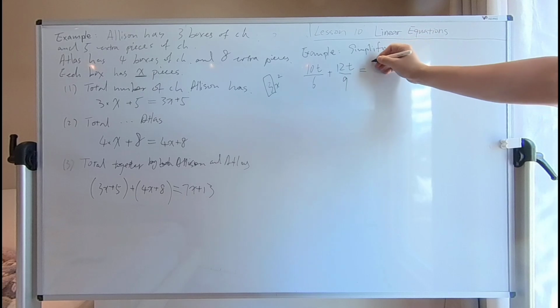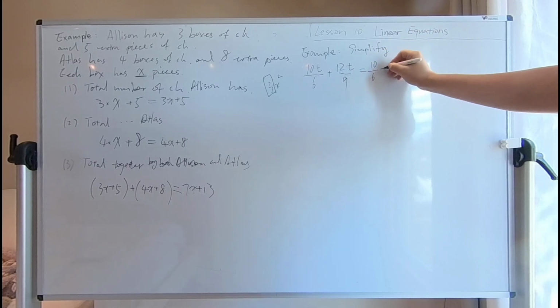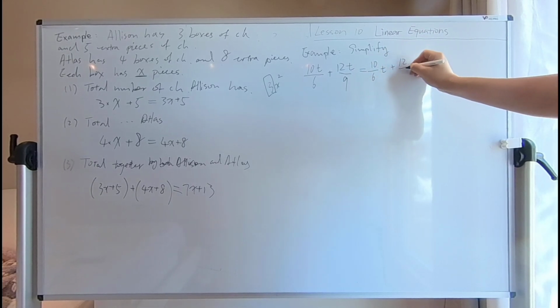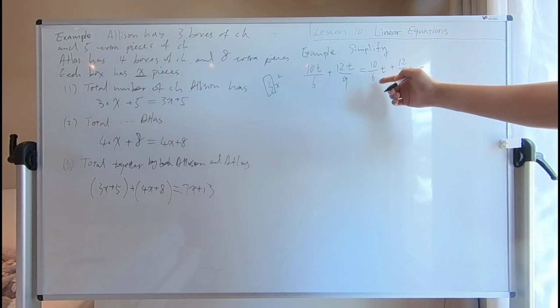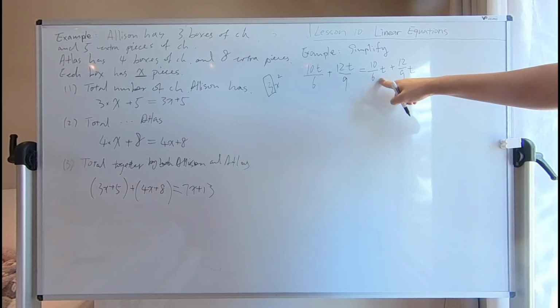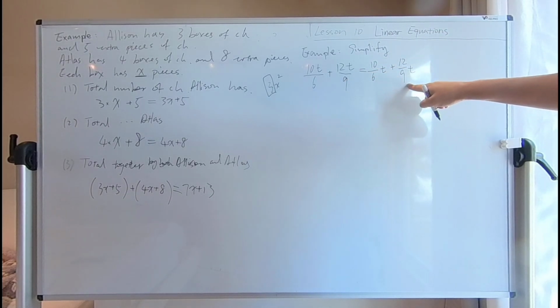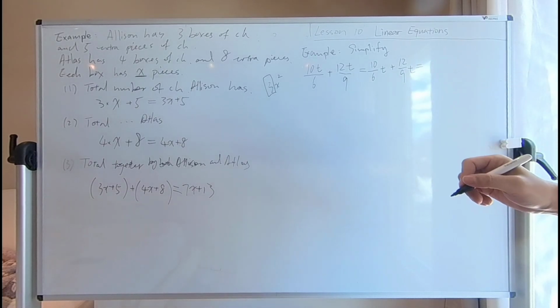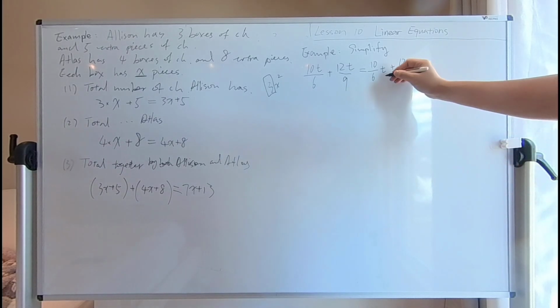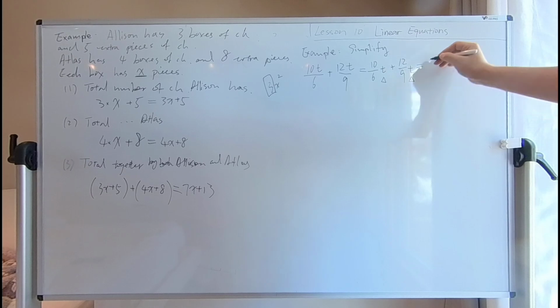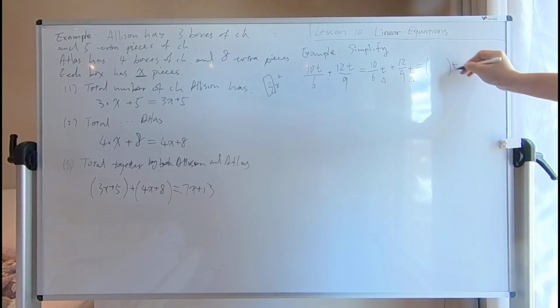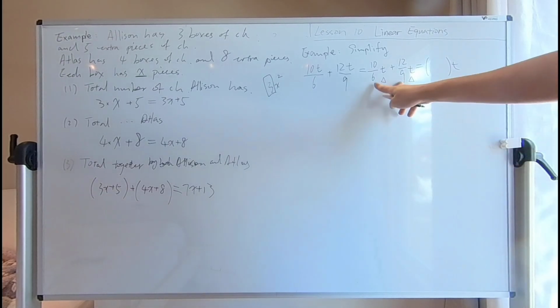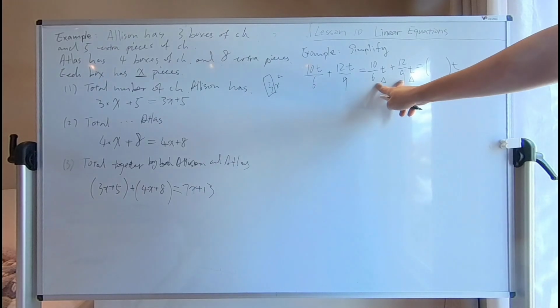So it's 10 over 6 t plus 12 over 9 t. That means the coefficient of the first term is 10 over 6. The coefficient of the second term is 12 over 9. Writing them together, it's in fact factoring out the common factor of t and then summing the two fractions, right?